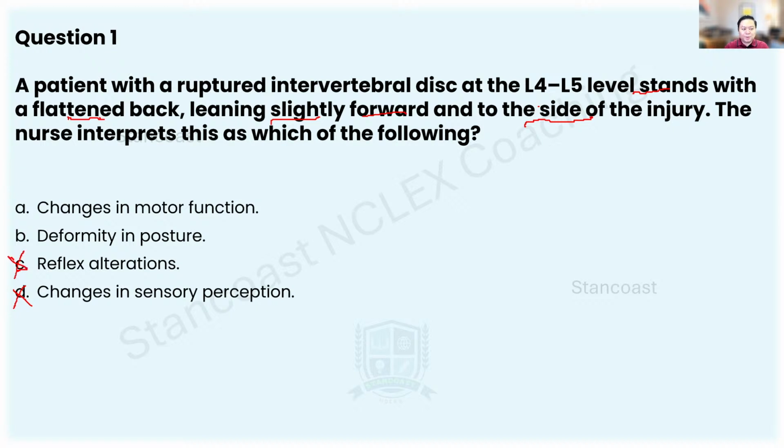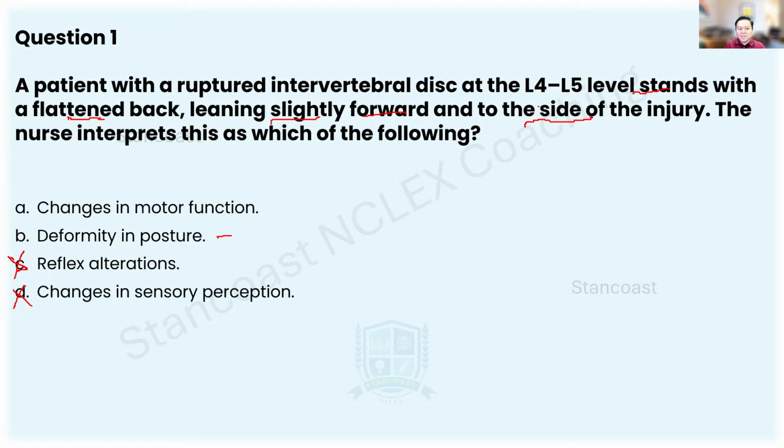What about letter B? Deformity in posture. What is this? Well, as you have seen in the scenario, there is leaning slightly forward to the side of the injury. This is what we have in letter B, deformity in posture. This is a common reaction, especially when the patient is in pain.